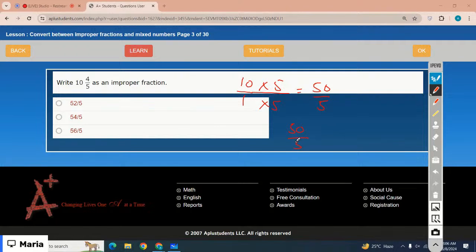So just add 50 by 5 and 4 by 5. The correct option is 54 over 5. That is 54 by 5, right? Option number 2 is the correct option.